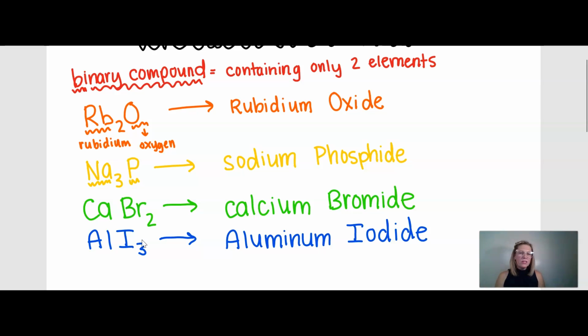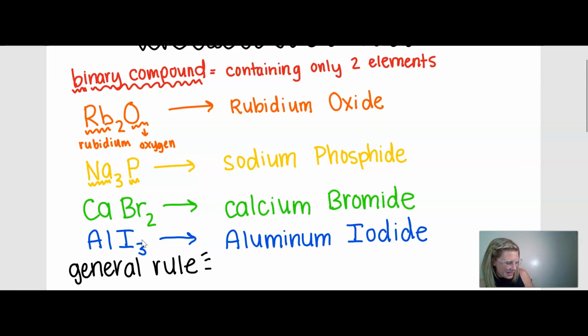Okay, so just looking at these formulas to name, can we come up with a general rule of how we're going to name binary ionic compounds? And if you take a look, notice that it's always the name of the metal. So our general rule is going to be, we're going to name our metal, and we're going to name our non-metal.